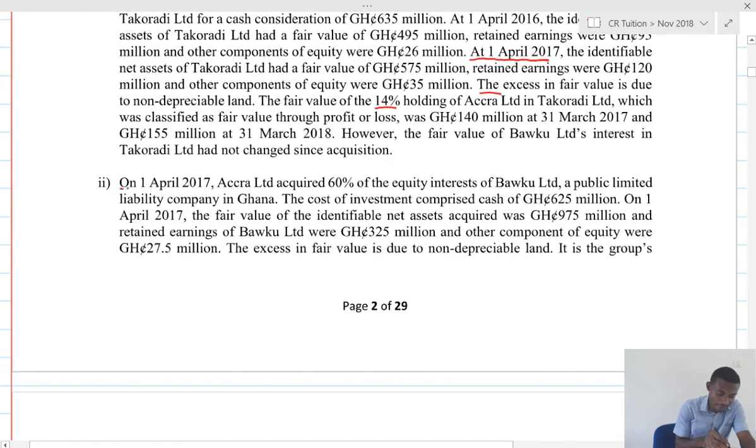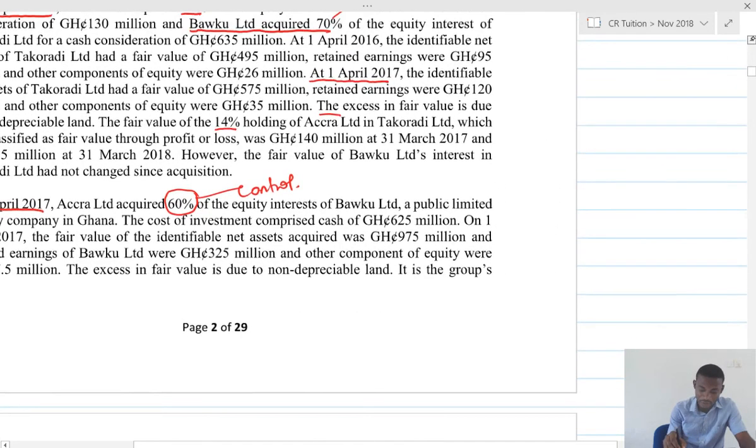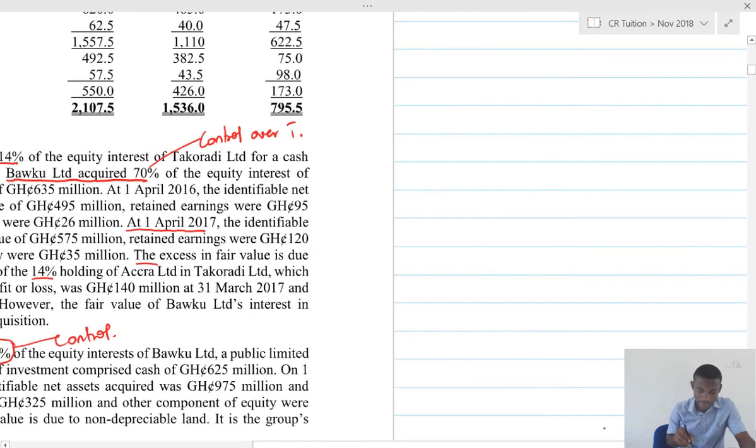Then on the 1st of April, Accra Limited acquired 60% of the equity interest of Boko. That is control. So this group structure, let's see how the group structure will look quickly. Let's draw that here, and we would look at that as working 1.